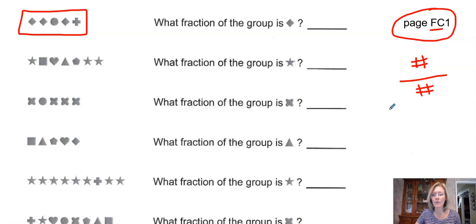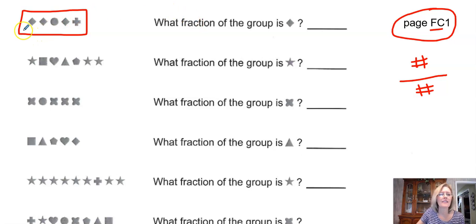That's our numerator, and the number on the bottom is the denominator, and we dance our denominator. Remember that? So we'll need a numerator. Those are the things you're looking at. The denominator is the whole set. And then the fraction bar separates the two.